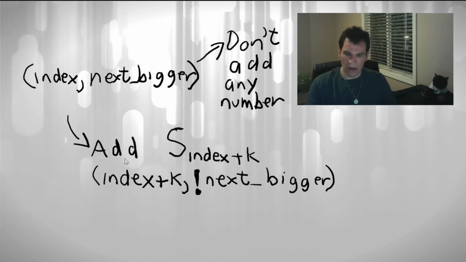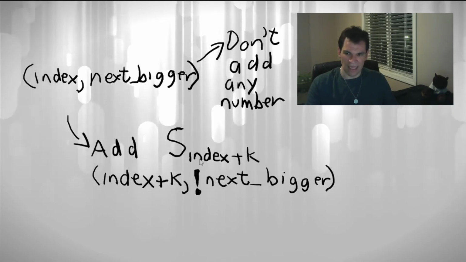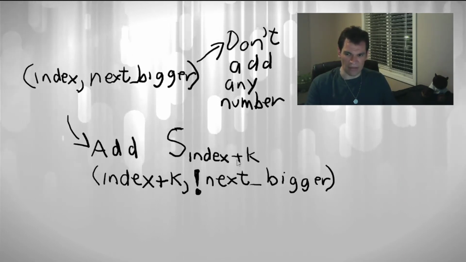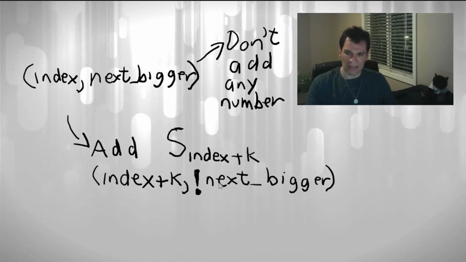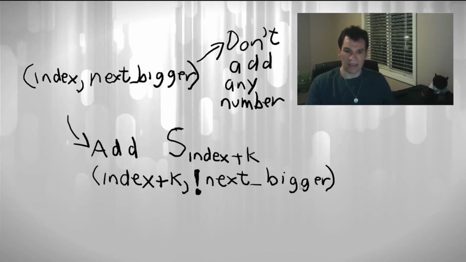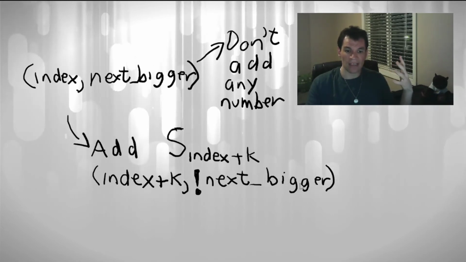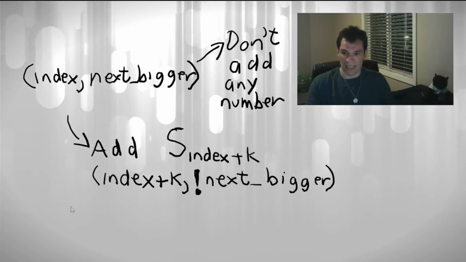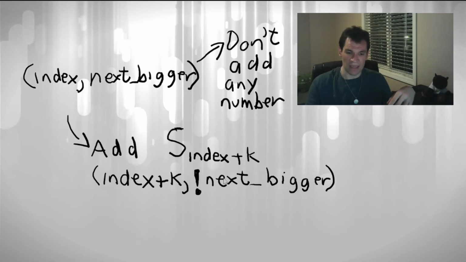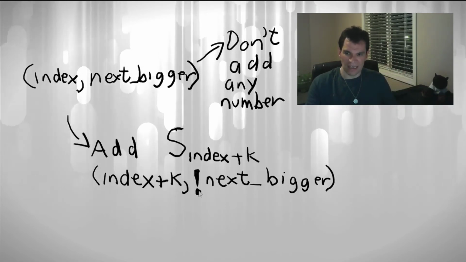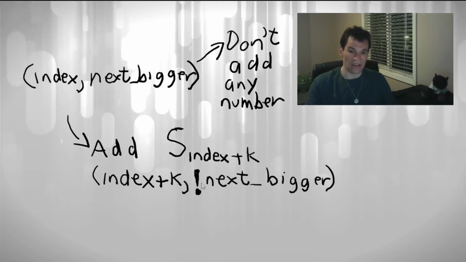And the other option would be to add the element with index plus k as the index. And if it was expecting bigger, then it would be expecting the smaller, and if it was expecting the smaller, in this other state that it is moving to, it would be expecting bigger. And this sign over here is basically a negation sign.